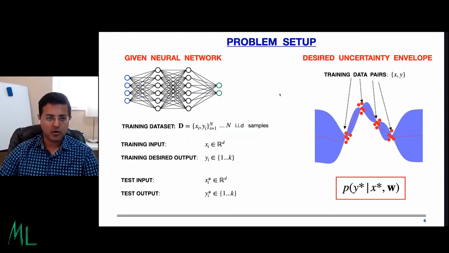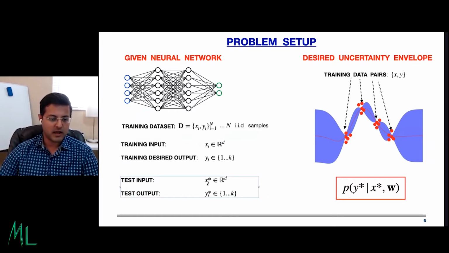So I define my problem setup as follows. Let's suppose that we have a given trained neural network, with regular training data, xi, yi. A training input is defined by x, desired output by y. X can be a d-dimensional real number, and y can be any one of k labels, so it can be a k-class classification problem.